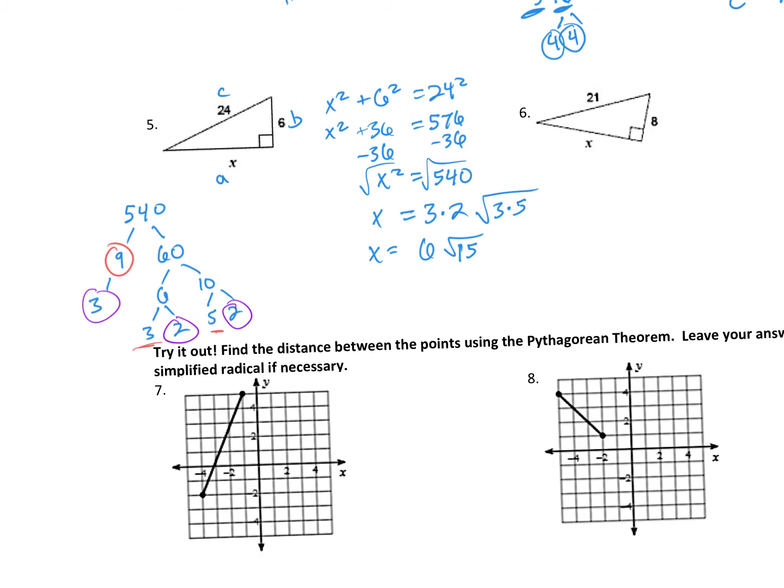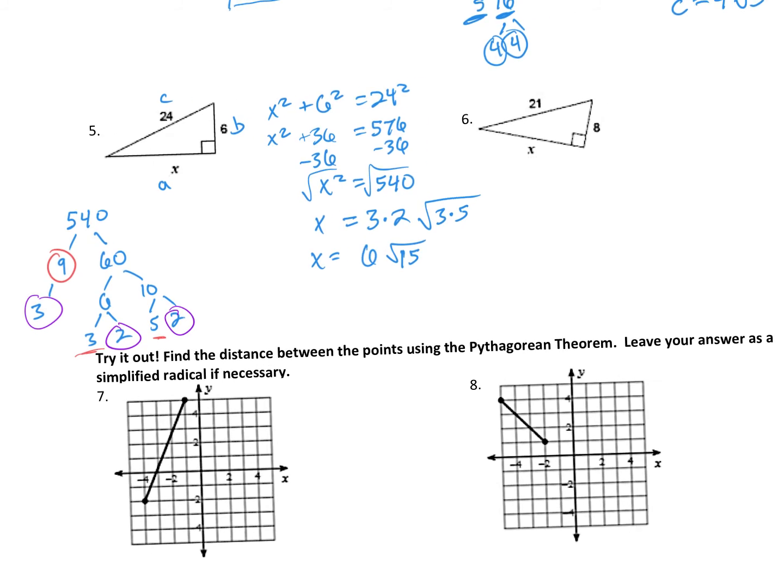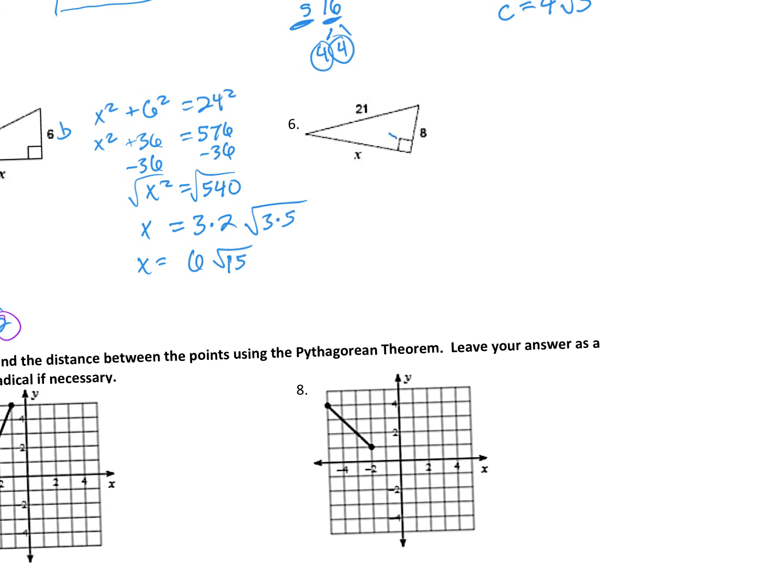Okay, number 6, this is my C right here. Call this A, B. So x squared plus 64 equals 21 squared, which is 441.